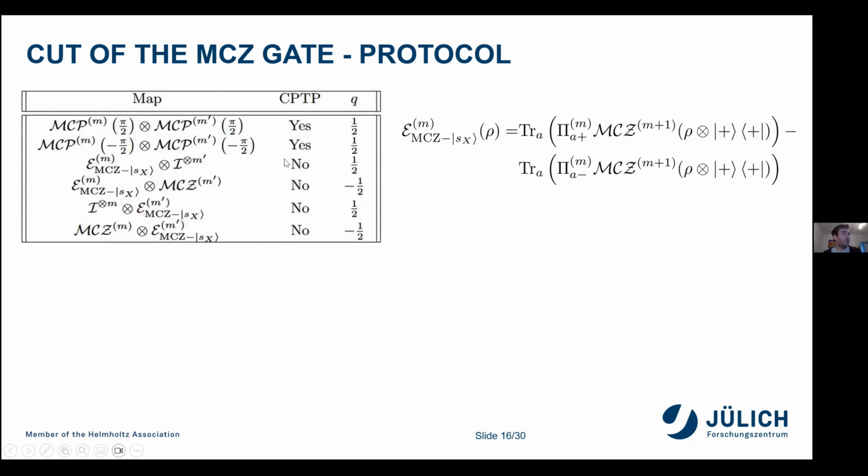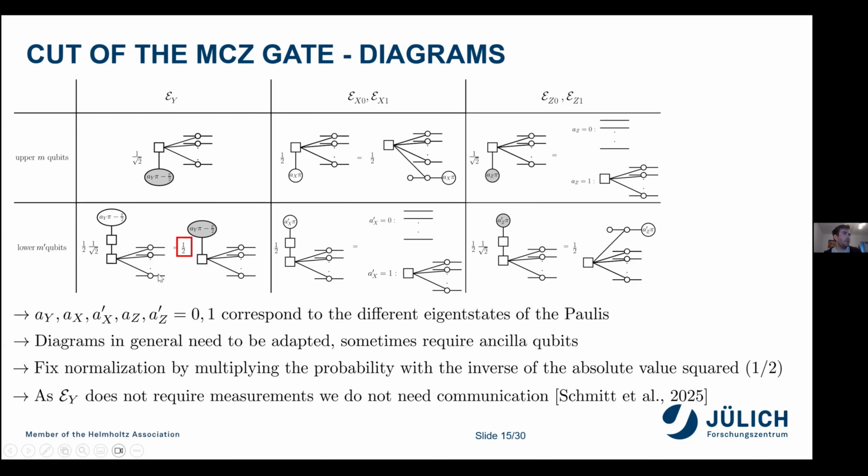Yes, and with this we can now write down the protocol for the gate cut, where here the first two lines simply correspond to this left column here, which means that you apply this multi-control phase of plus or minus pi half.